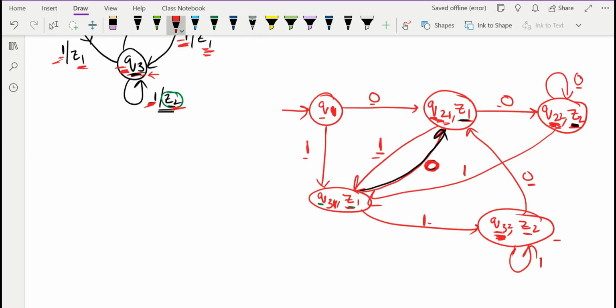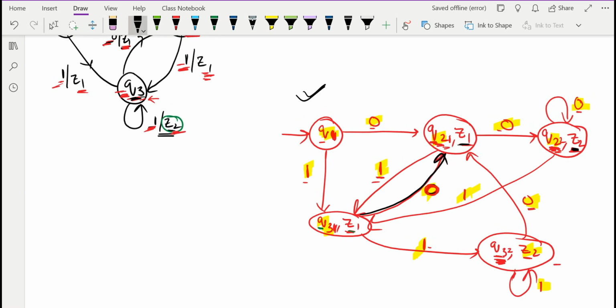Now you can see every state has outgoing transitions for 0 and 1. So all the transitions are completed, and this is the required Moore machine from the given Mealy machine.